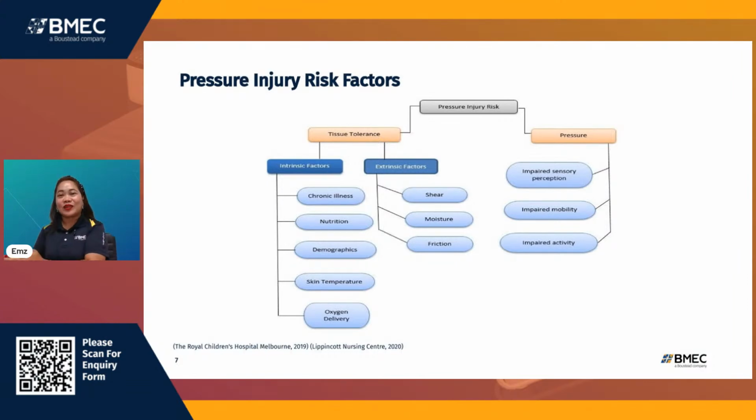While for the pressure, if your patient has an impaired sensory perception, the patient cannot tell, cannot feel, so it can lead to impaired mobility and also impaired activity of the patient. There is a nerve affected.